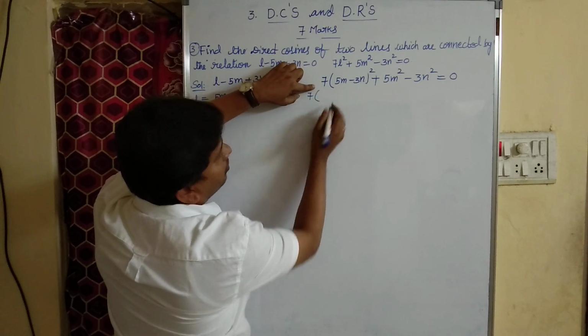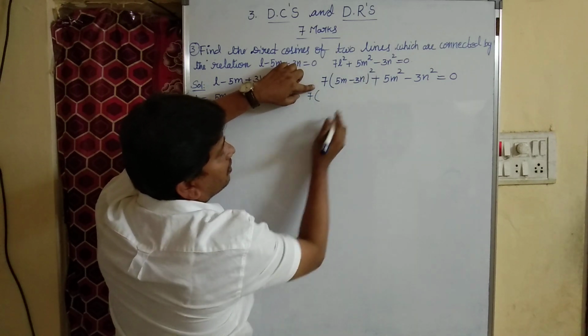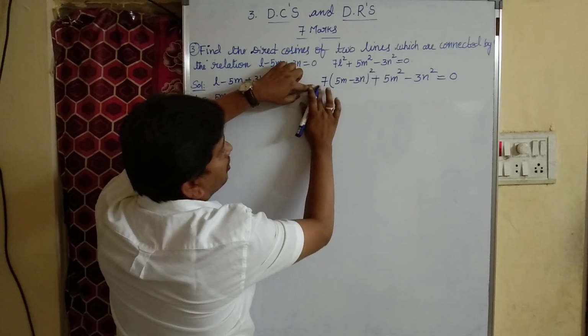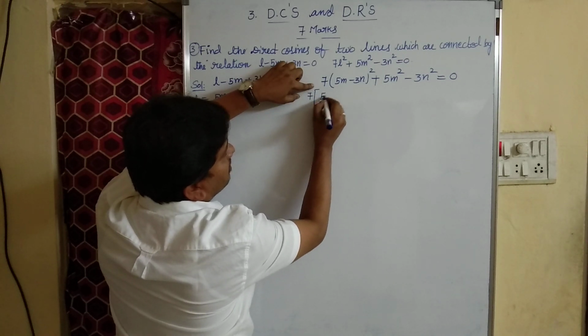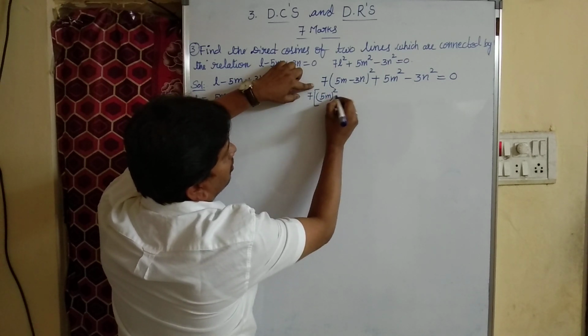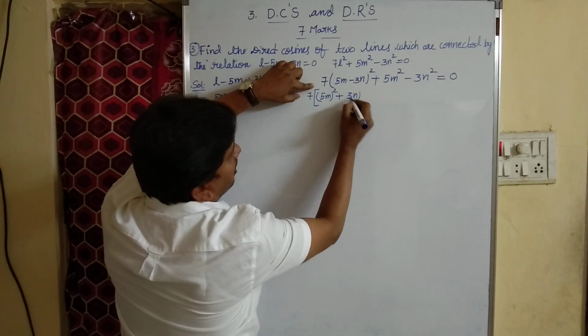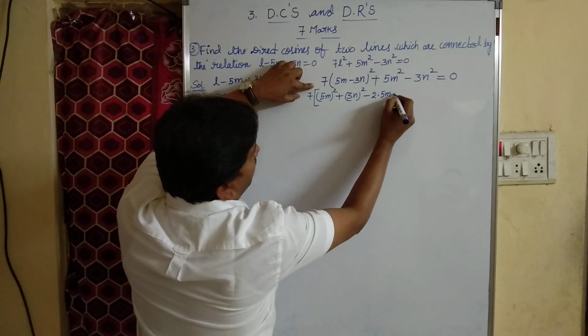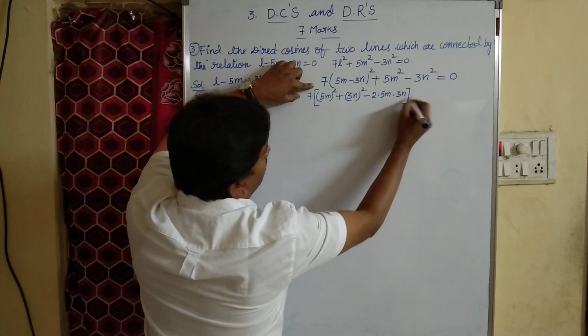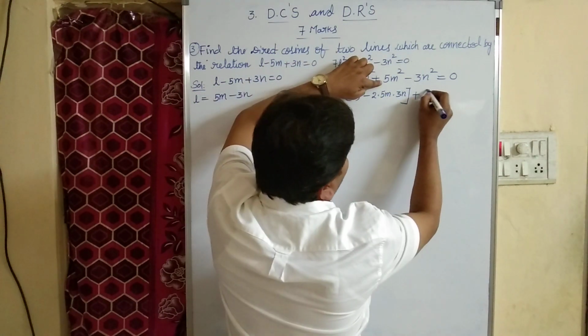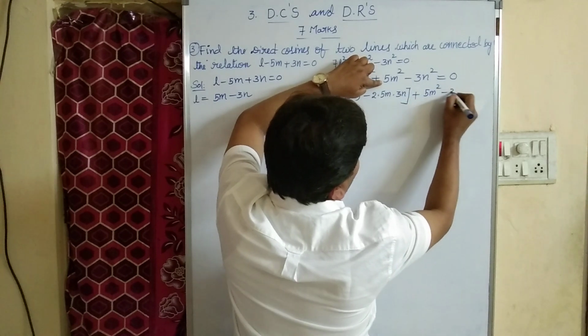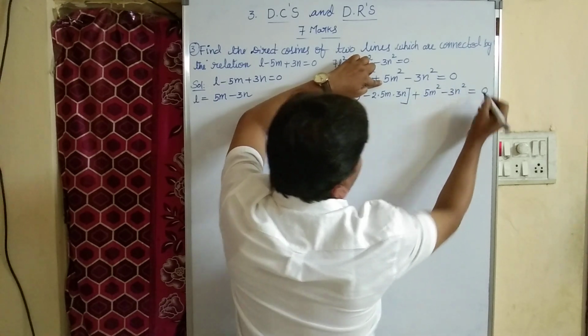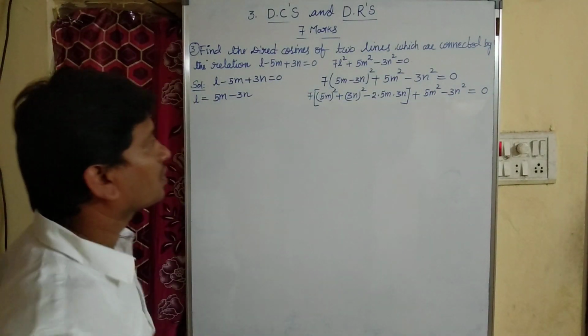So 7 into a minus b whole square, right? That is equal to a square plus b square minus 2ab, plus 5m square as it is minus 3n square as it is, which is equal to 0.